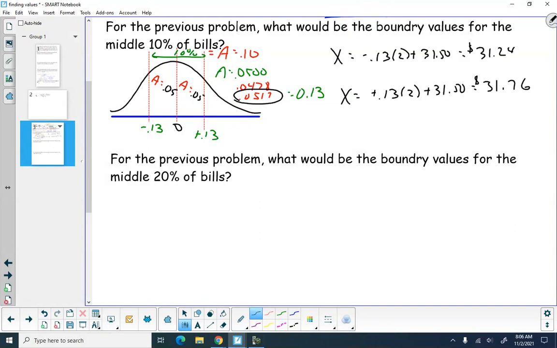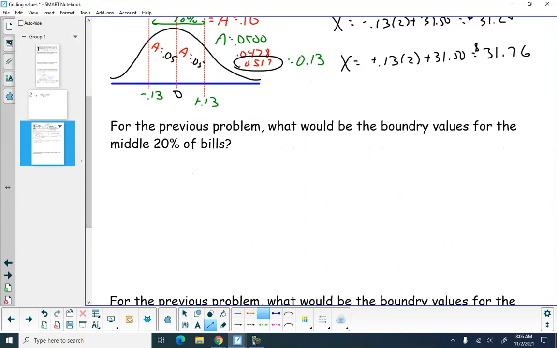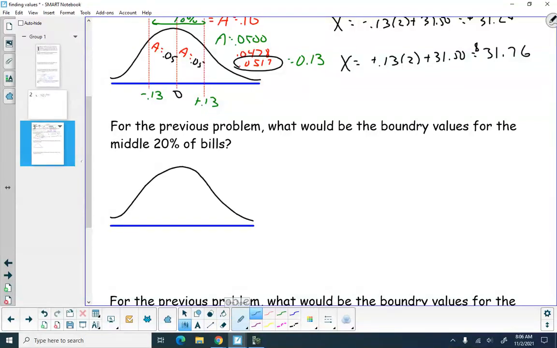Okay, let's take a look at the middle 20%. So what are our areas going to be in each one of the sections?